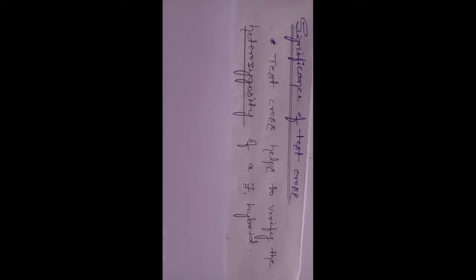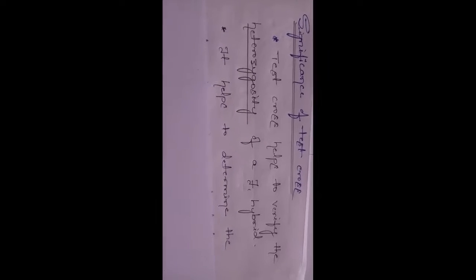The following are the significance of the test cross. The first significance is that the test cross helps to verify the heterozygosity of the F1 hybrid. Hetero means different, and zygosity refers to the zygotes being formed.